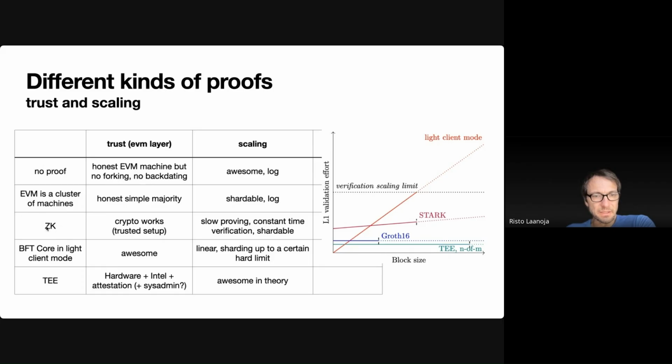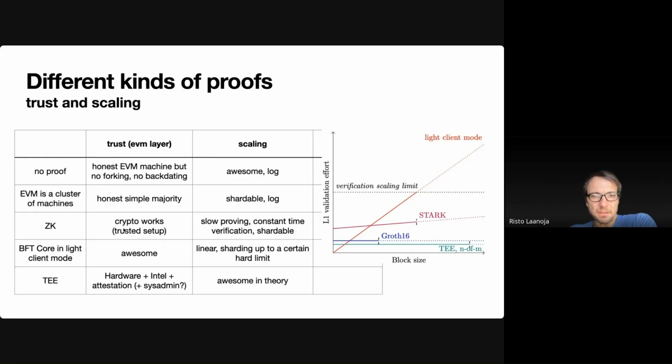The third option is ZK. ZK has different assumptions. We assume that cryptography works, and STARKs, as far as I know, do not have formal end-to-end proofs of being correct. There are still gaps in their analysis. And if you want small ZK proofs, then there is also a dependence on a trusted setup, which is considered pretty ugly, but it's manageable using multi-party computation.